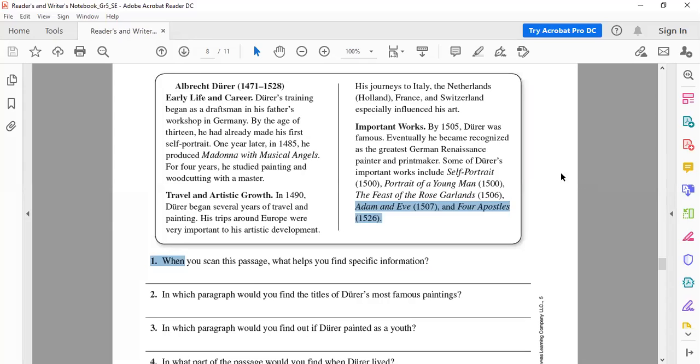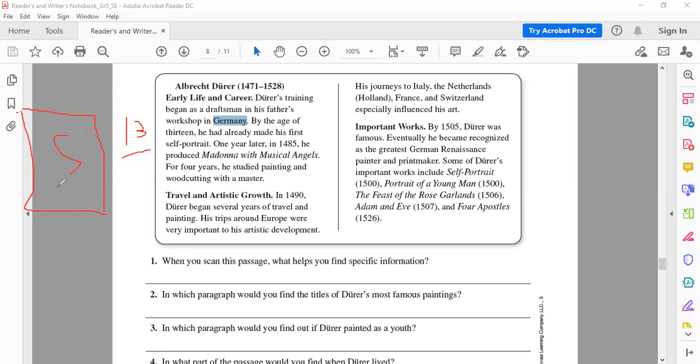This man, his name is Albert Dürer. He was born at the same era as Leonardo da Vinci. He was a painter, he was a drawer, and he was very famous, but not in Italy. He was famous in Germany. He started to paint from a young age. When he reached 13 years old, he started to draw his first portrait, his own picture.